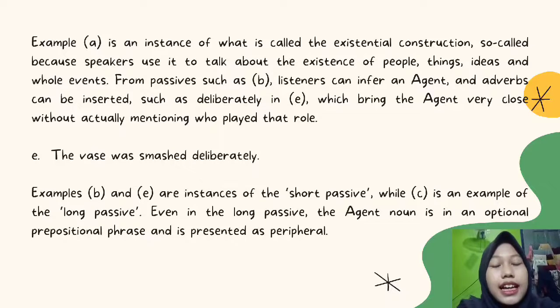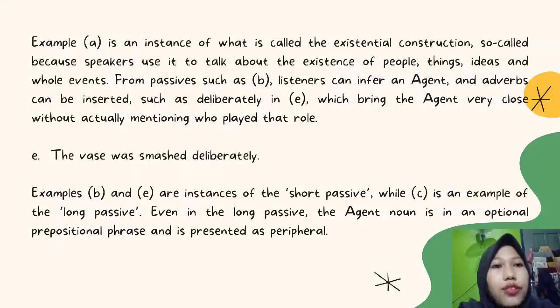Example A is an instance of what is called the existential construction, so called because speakers use it to talk about the existence of people, things, ideas, and whole events. From passives such as B, listeners can infer an agent, and adverbs can be inserted, such as deliberately in E, which bring the agent very close without actually mentioning who played that role.